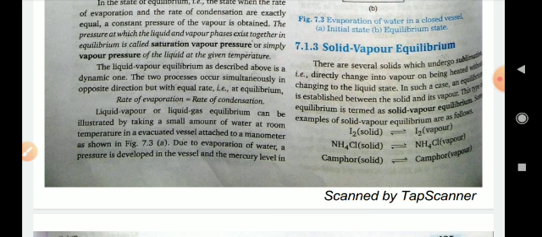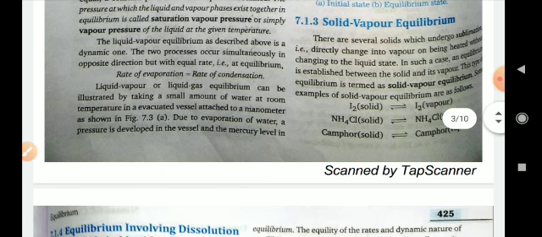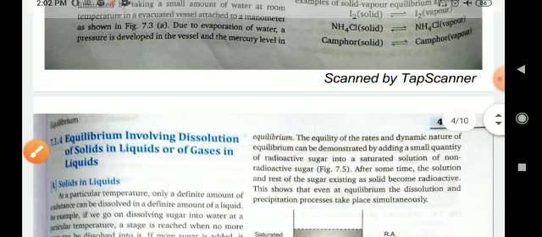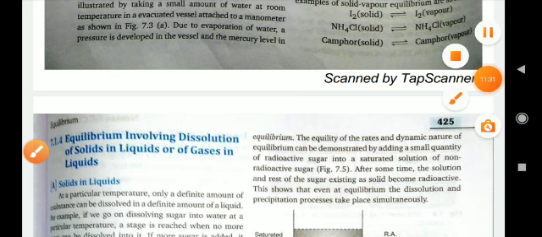The compounds which show sublimation are iodine solid giving I2 vapors, ammonium chloride solid giving ammonium chloride vapor, and camphor solid giving camphor vapor. Okay, thank you.